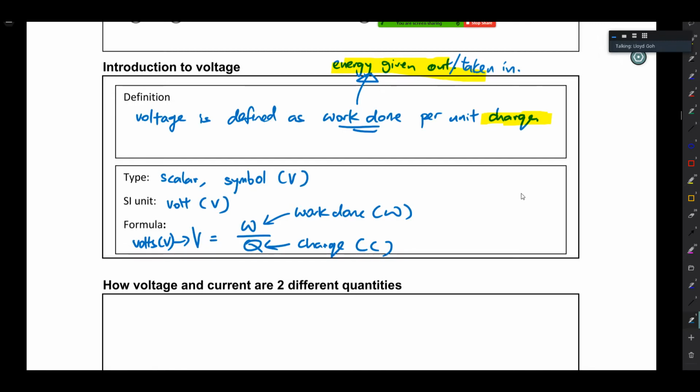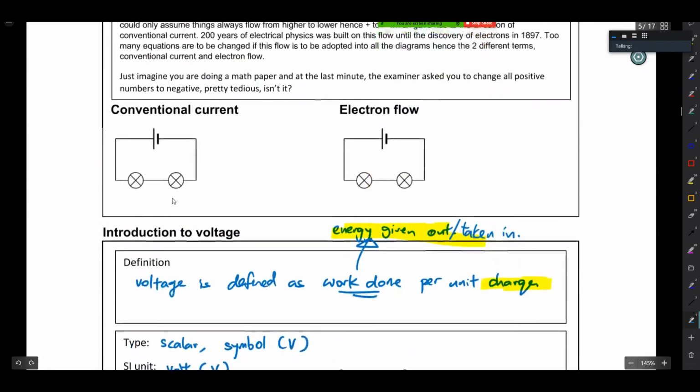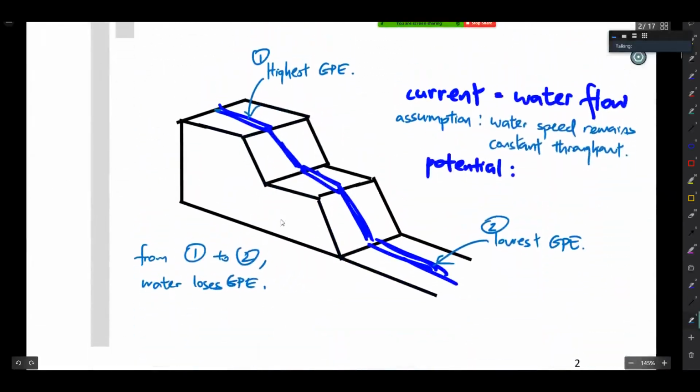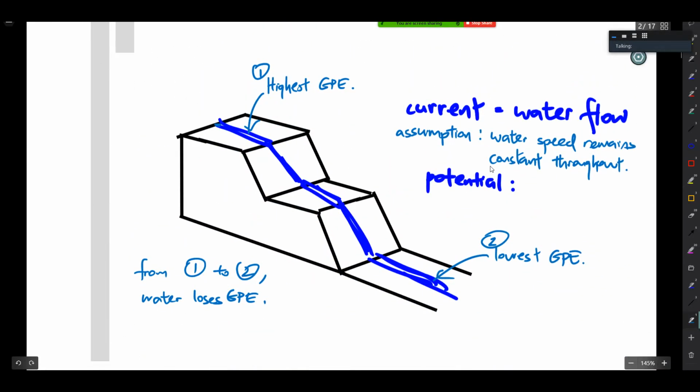Later in the illustration and some video, I'll show you all better what I'm talking about. But with the introduction to voltage, let us go back to the illustration here. Potential will be related to the height of water.